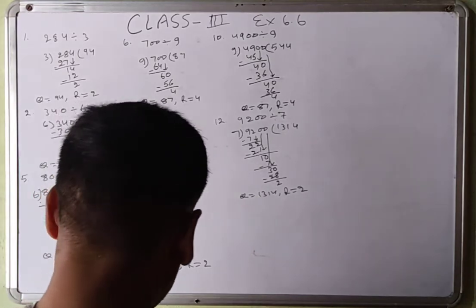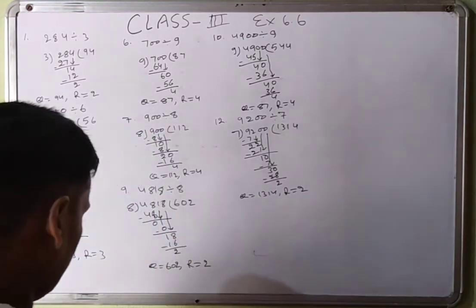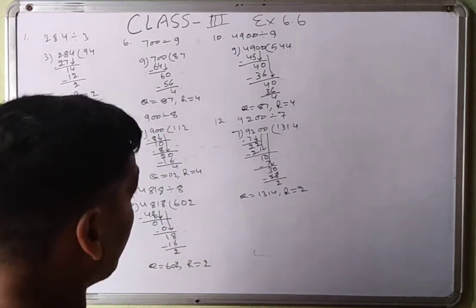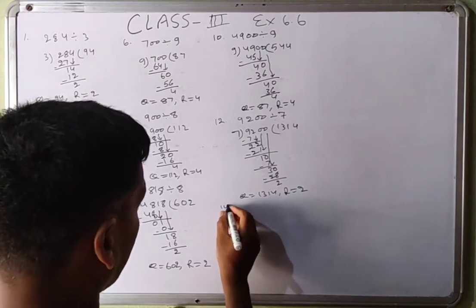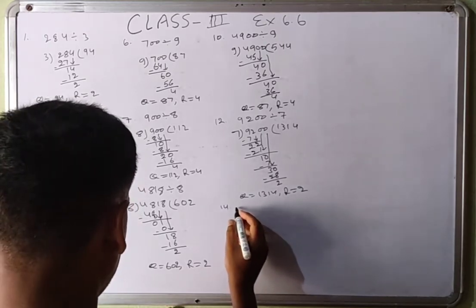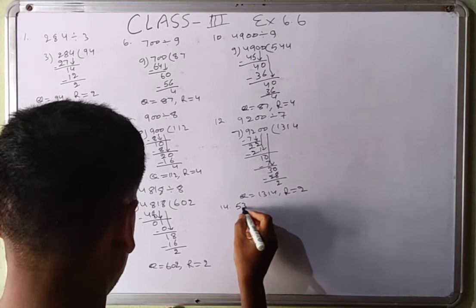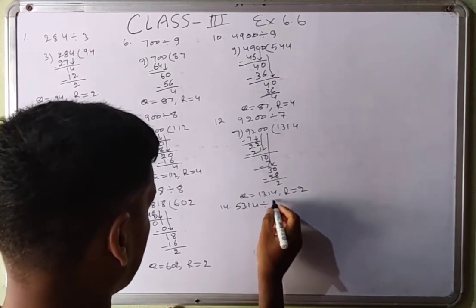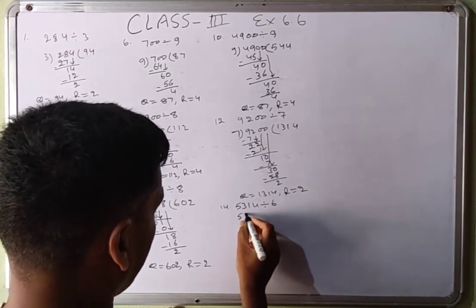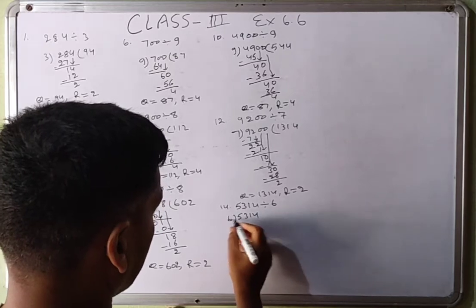Now the 12th question, that is question number 14. 5314 divided by 6.